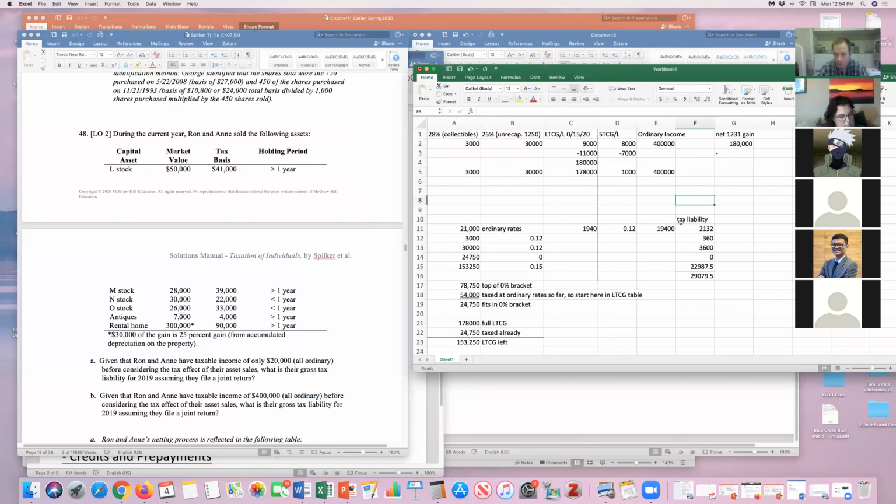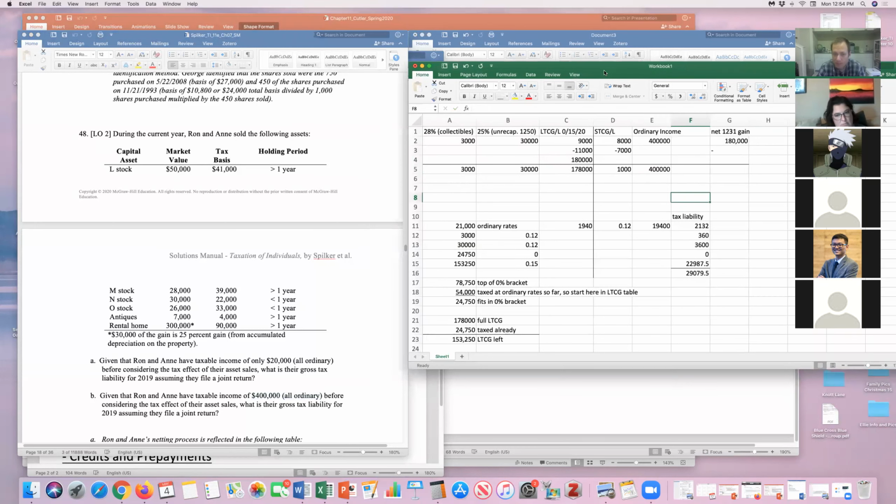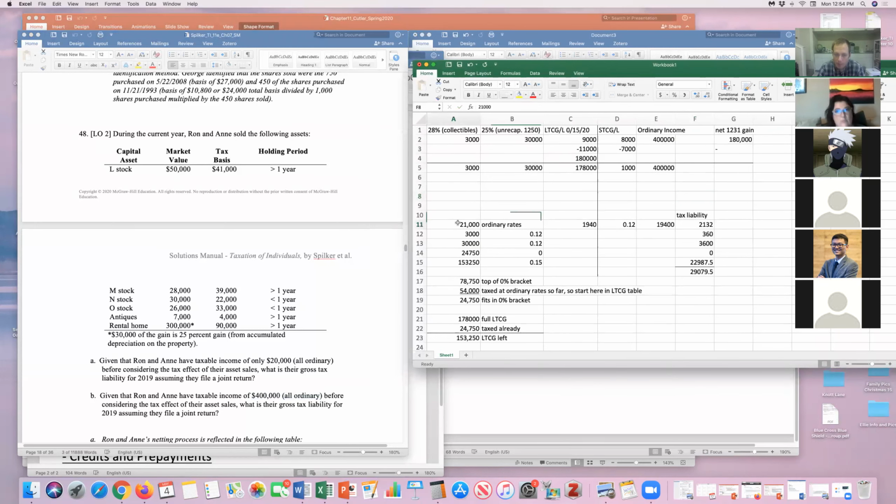All right, so it's going to be similar. Now we have 400 plus the short-term capital gain, 401,000. That's going to get taxed at the ordinary rates.